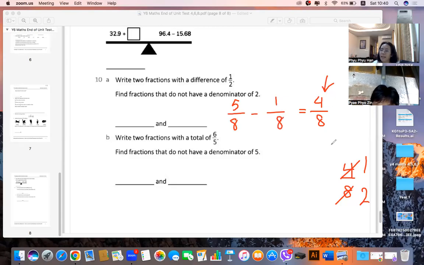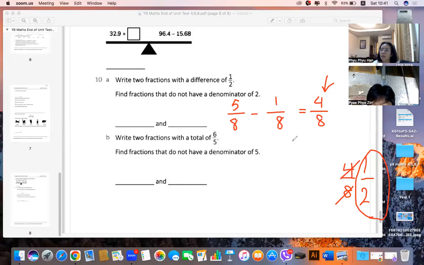And 4 by 8, when you make it into the simplest form, is the same as 1 by 2. So you will not show the denominator of 2. When you calculate 5 by 8 minus 1 by 8, you get 4 by 8, which is equivalent to 1 by 2.